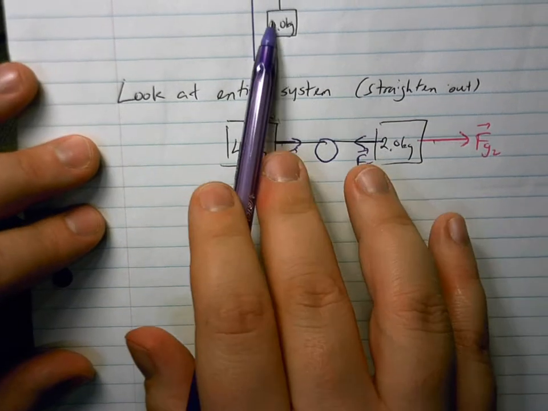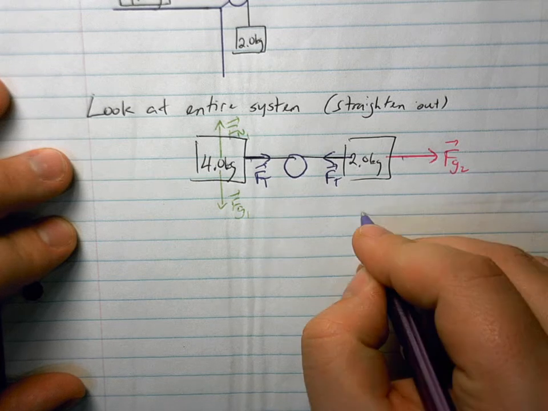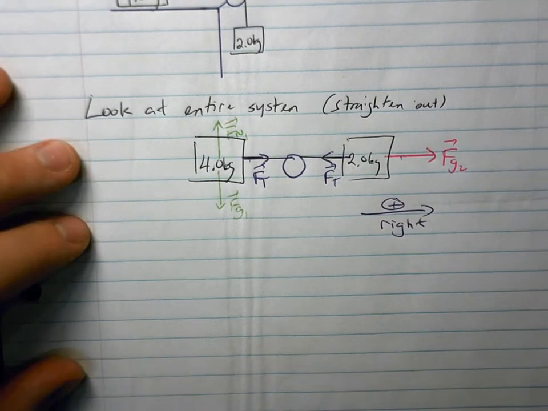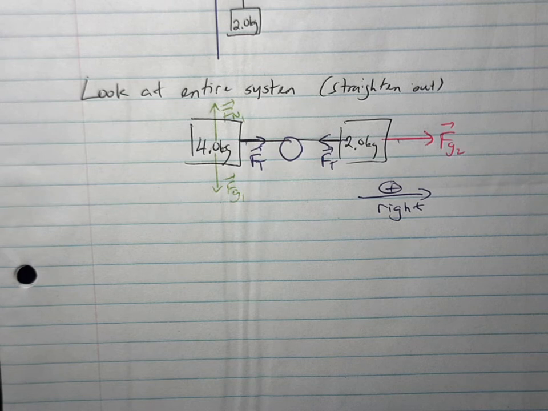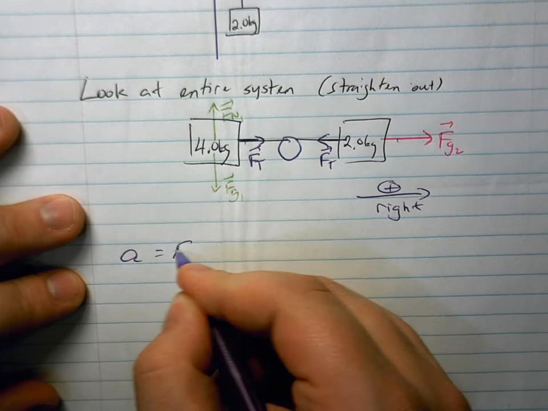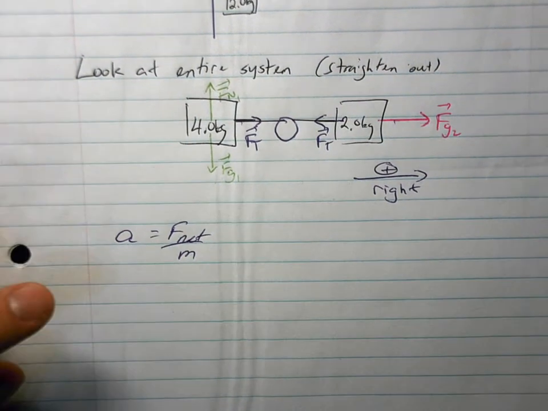Now, we said that this mass is going to move down, or in this case, move to the right. So I want to call the right direction positive. Once again, if we want to find the acceleration, we want to use the net force divided by the total mass of the system.